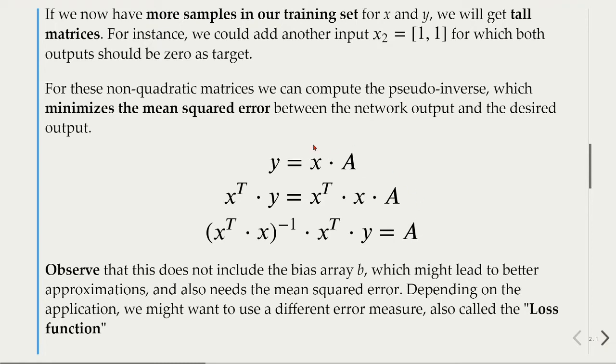It's given here in these equations. Observe that this does not include the bias array B, which might lead to better approximation, and also needs the mean squared error. Depending on the application, we might want to use a different error measure, also called loss function.